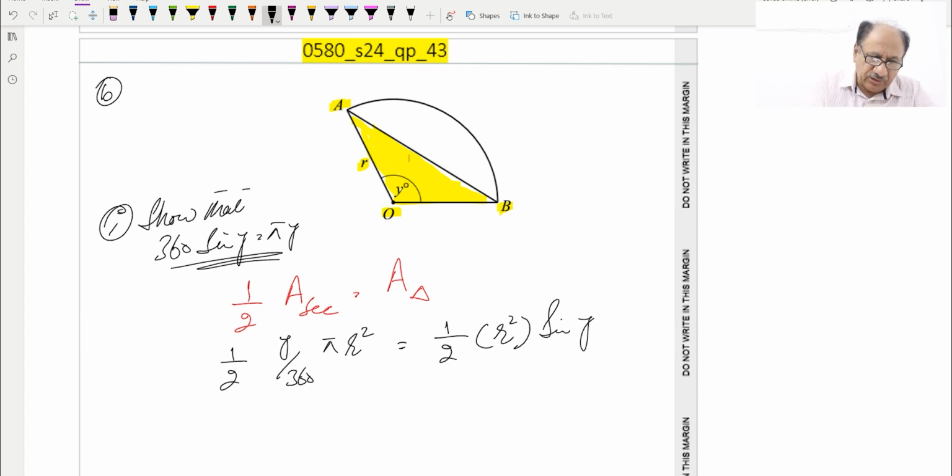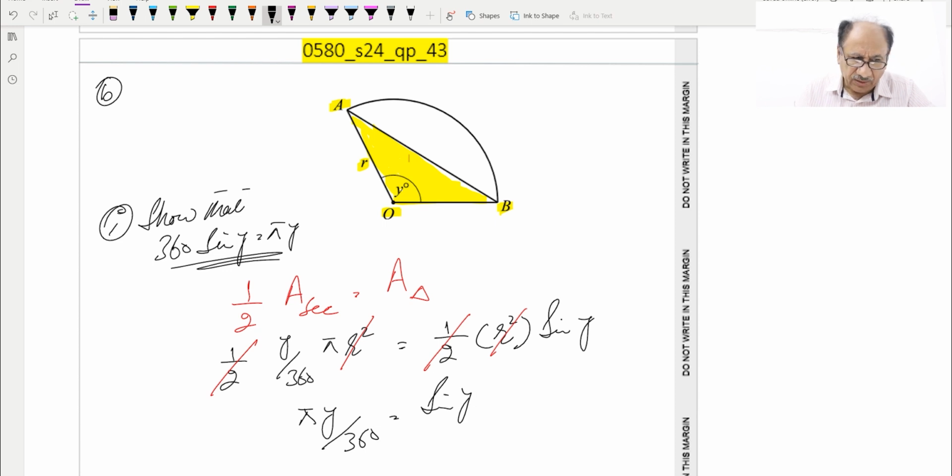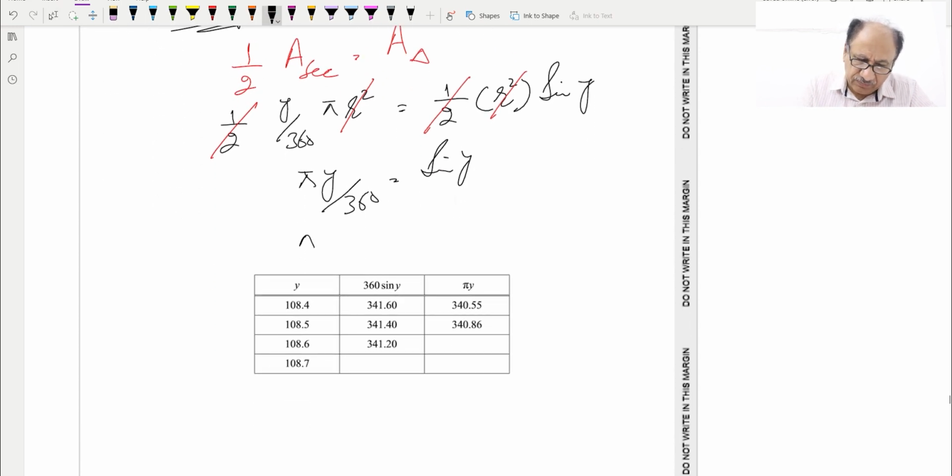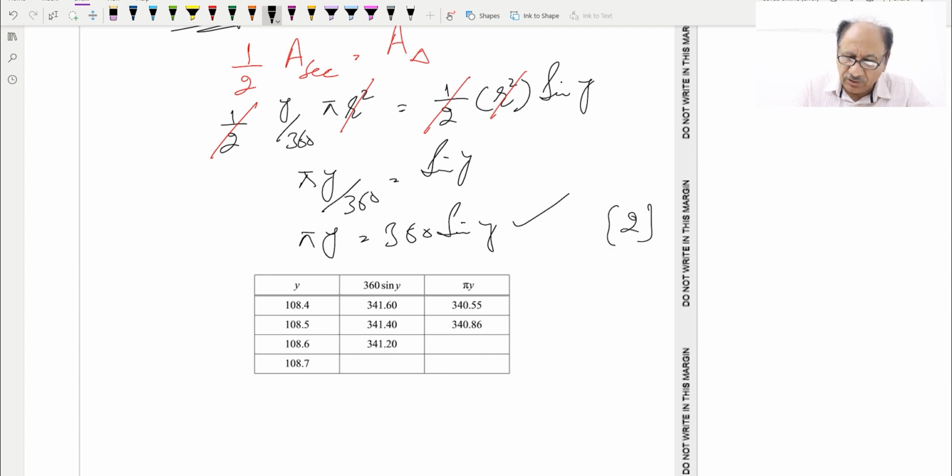Now we can cancel the 1 by 2, and R square we can cancel. So the remaining will be pi y over 360 is equal to sine of y, and we can write this as pi y is equal to 360 sine of y, and this was what we needed to prove, and this is the 2 marks part which we have done.